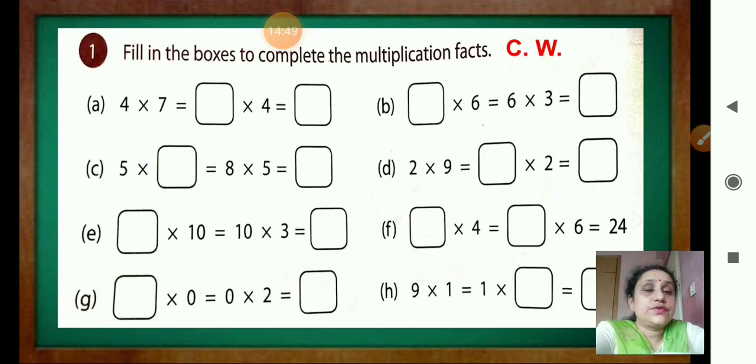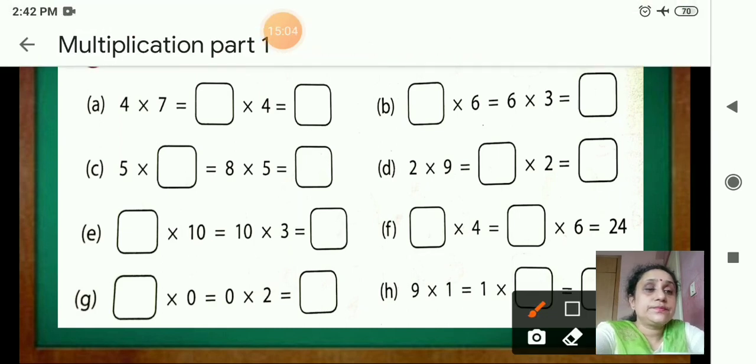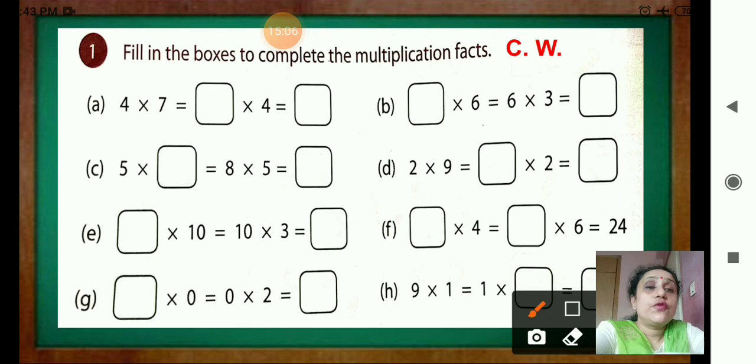Now what we have to do here? Now see, fill in the boxes to complete the multiplication facts. Now classwork, take out this page from your book. See what is written there. 4 sevens are equal to, then an empty box multiplied by 4, again equal to, and a box.